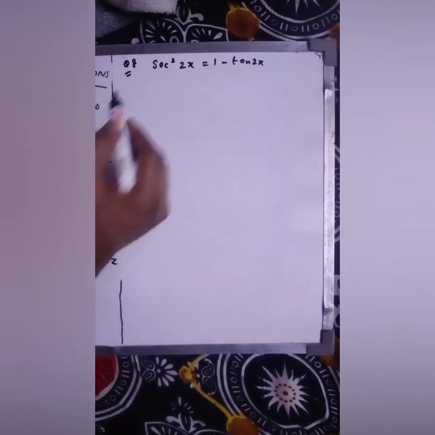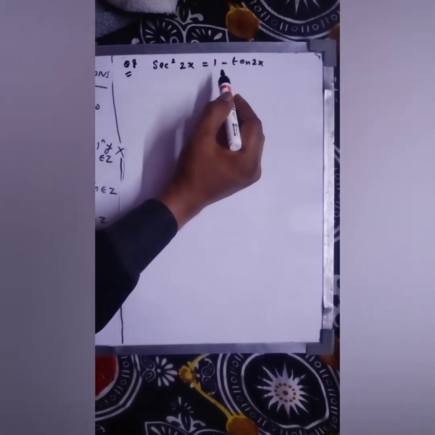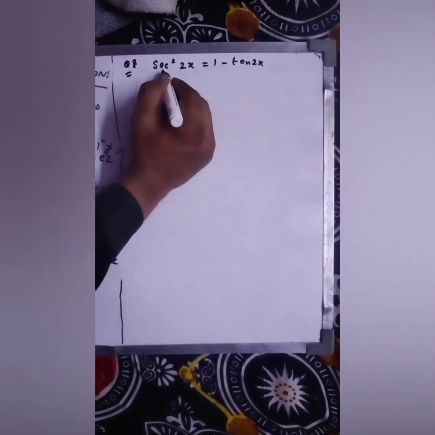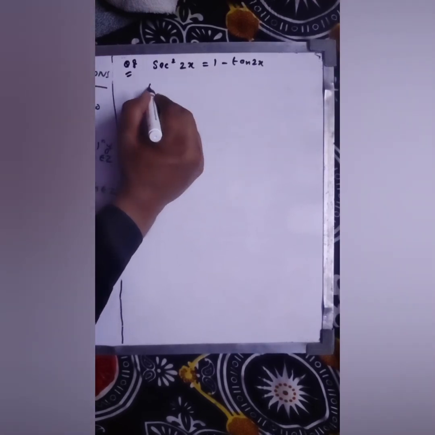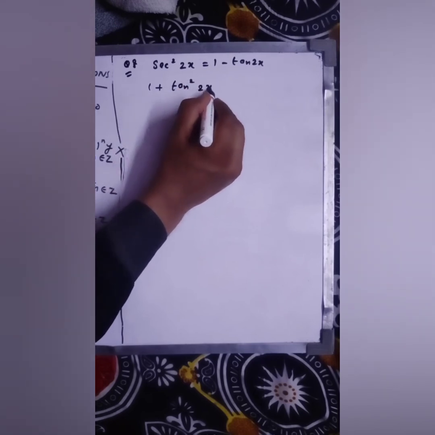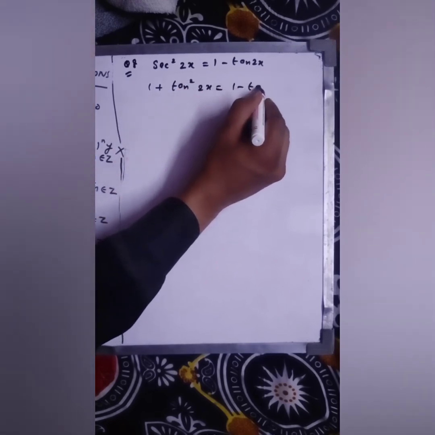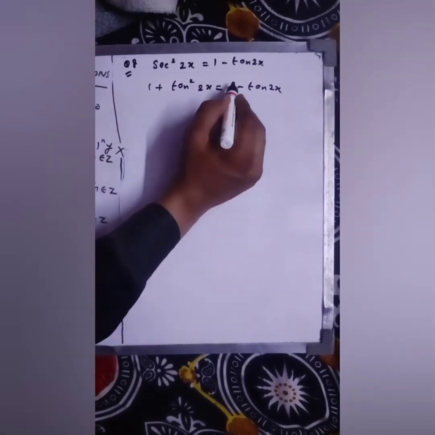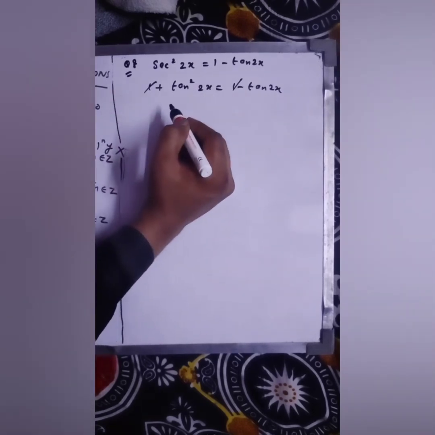So now I am solving question number 8. Please concentrate. This is an important question. See, this is given to us, and we have to find out the general solution of this. So at a place of sec square x, I'm writing 1 plus tan square 2x, that is equals to 1 minus tan 2x. As you can see, this 1 and 1 you can cancel.